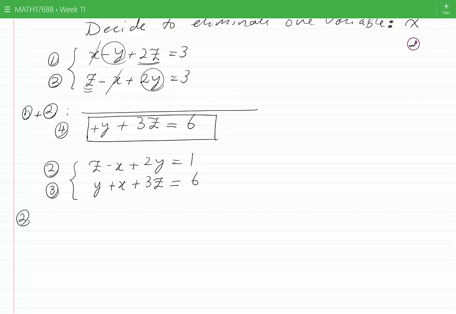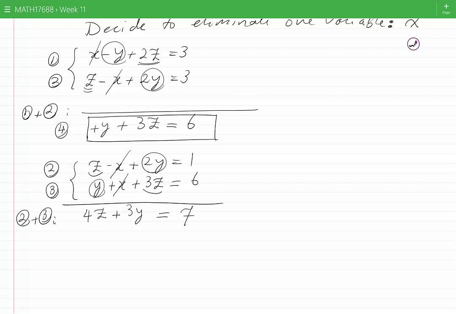Let's add equations 2 and 3. z plus 3z is 4z. y plus 2y, that's 3y. Minus x and x, 0. And then 1 plus 6, that is 7. I'll call this equation 5. Equation 5 does not involve x either. Let's now pair equations 4 and 5.